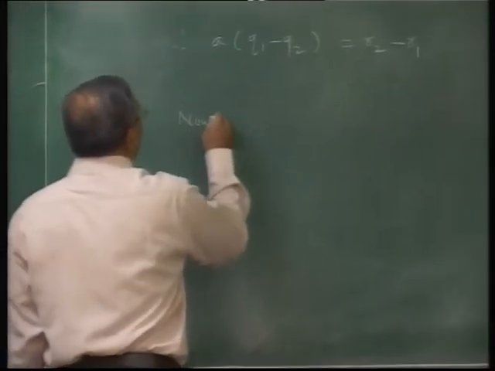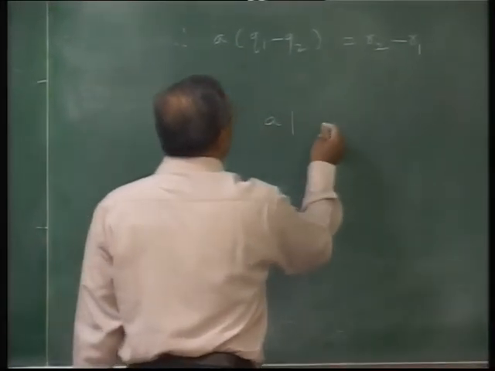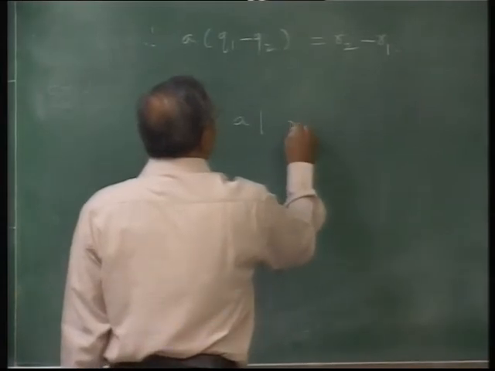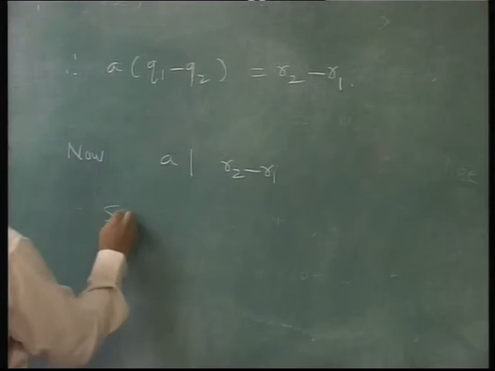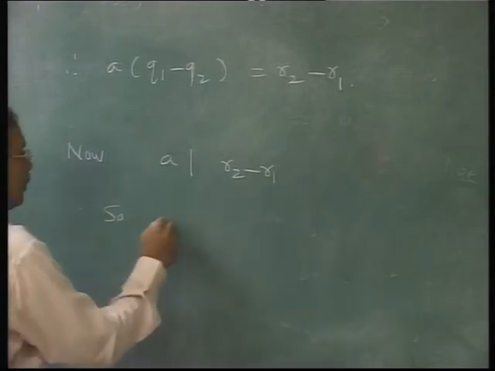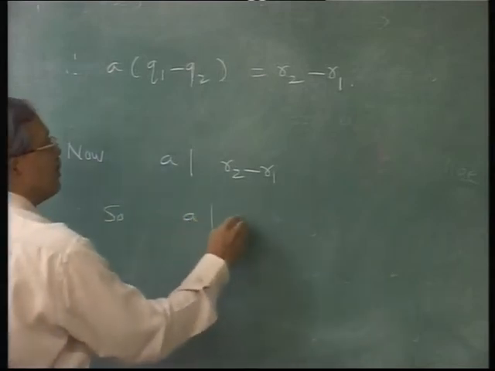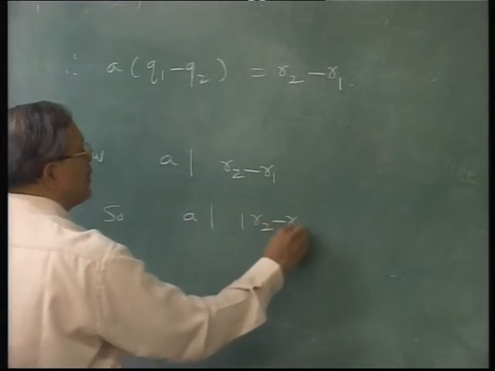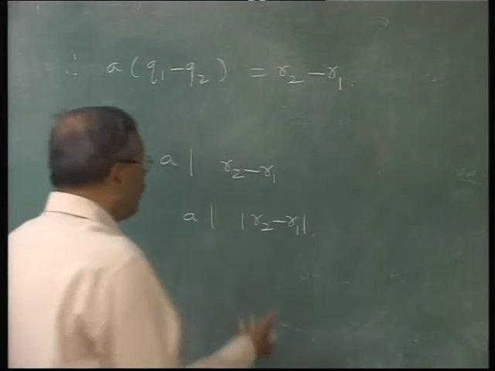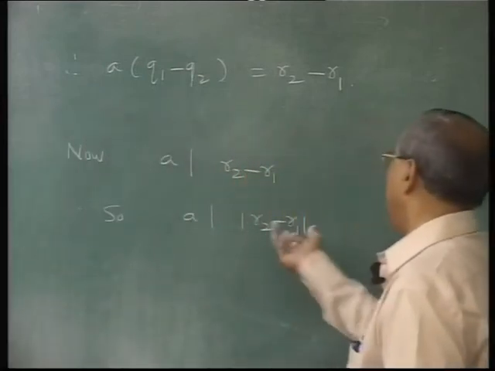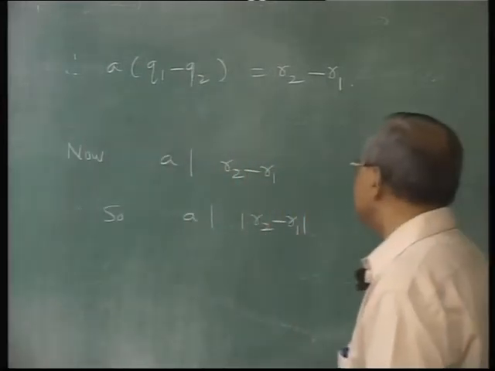Now a divides r2 minus r1. So you can consider the mod of r1 minus r2. So a divides mod of r2 minus r1, which is a non-negative integer, and it will be less than a.